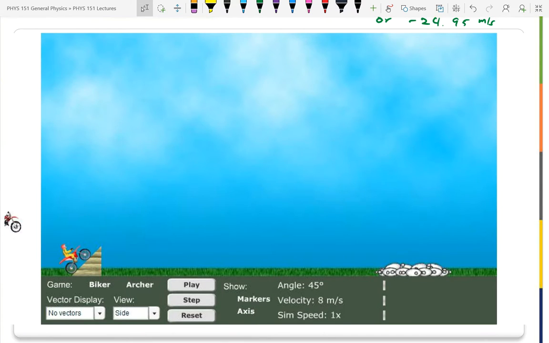Now let's go back to 45 degrees. Oh, wait. I thought there was a reset for the whole thing. There's not. Okay, 45 degrees. There's another option. What's the other option for changing the distance? Okay, slow them down.